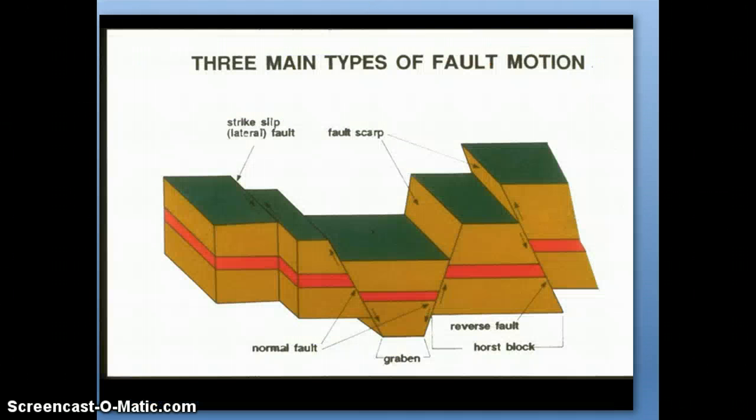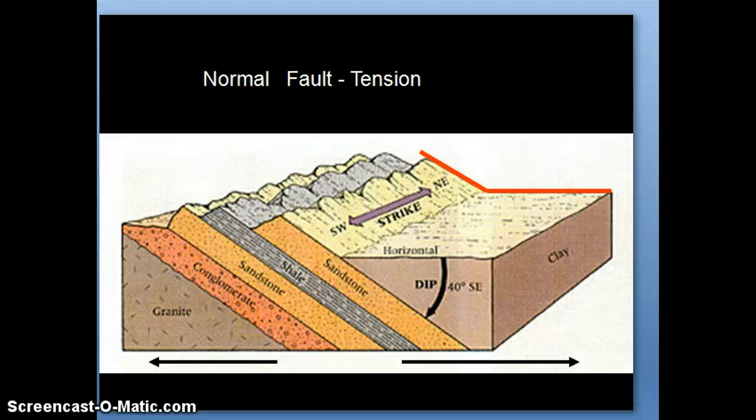There are three main types of faults that I want you to be able to identify: a strike-slip fault, a normal fault, a reverse fault, and then a landform called a Horst and Graben, which is a result of divergent faulting. So we'll look at these in a little more detail. A normal fault is the result of divergent plates.